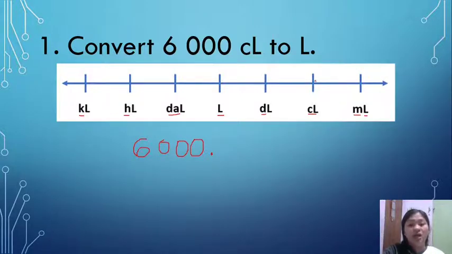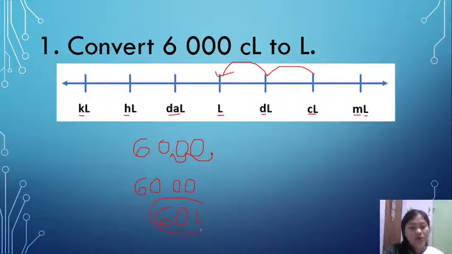From centi going to liters, we count 1, 2. So we are going to move 2 movements to the left. So you have here 1 and then 2. The decimal point goes there, so it becomes 60.00. You can omit these 2 zeros. So the final answer is 60 liters.